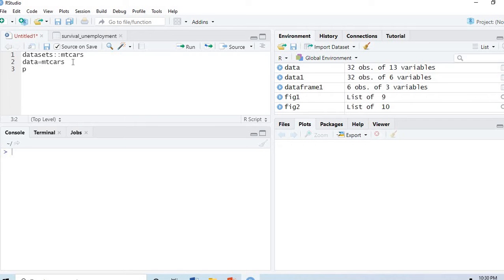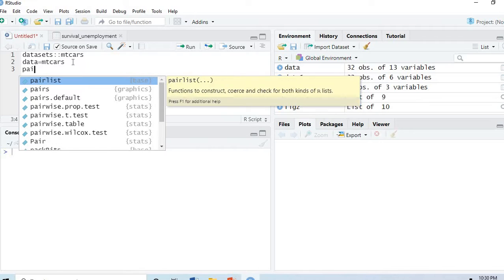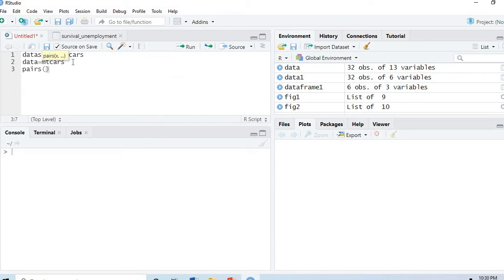So I'm using the command pairs, MPG is the dependent vector and DISP, HP, DRAT, WT, and QSEC, these 5 as independent vectors. I'm using data equals mtcars.